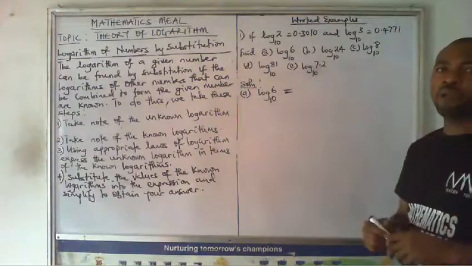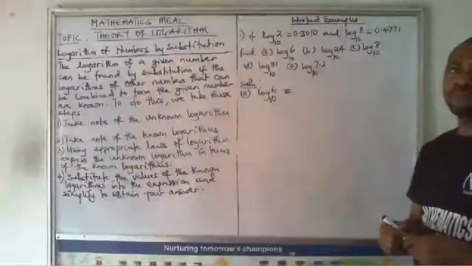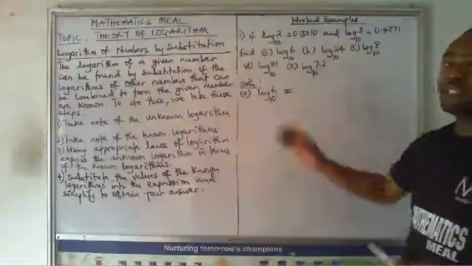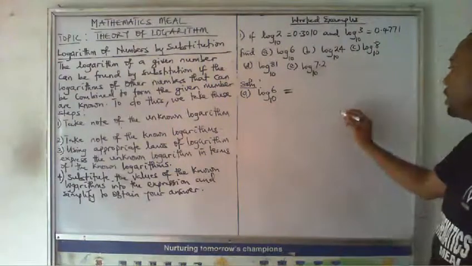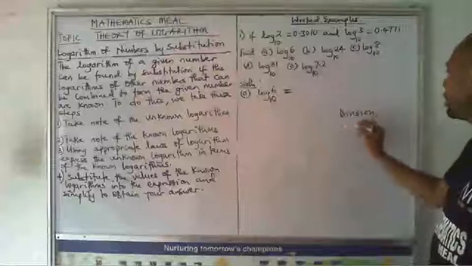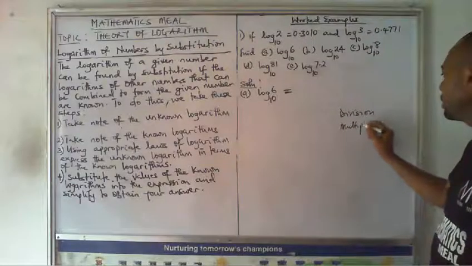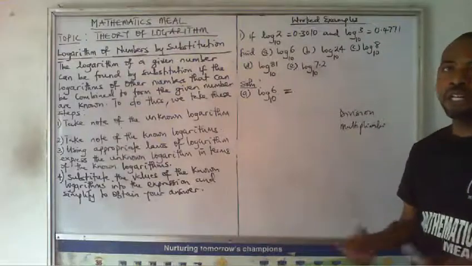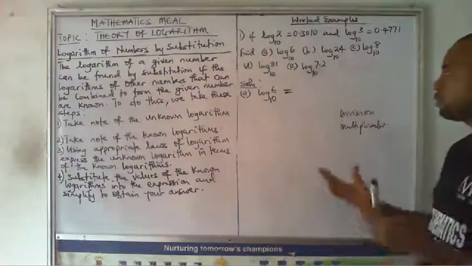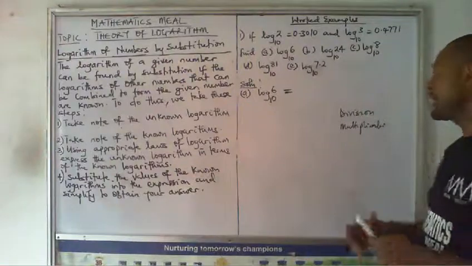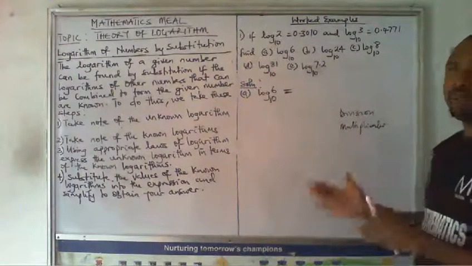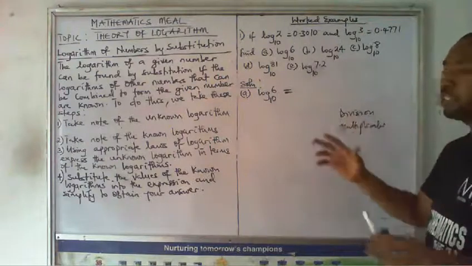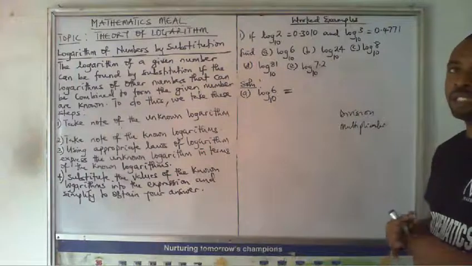There are two possible operations that must be used in splitting these numbers. One is division and the other one is multiplication. So if I want to form 6, I need to multiply 2 and 3. You see that? So the two possible operations that I can use in solving this logarithm by substitution are division or multiplication.